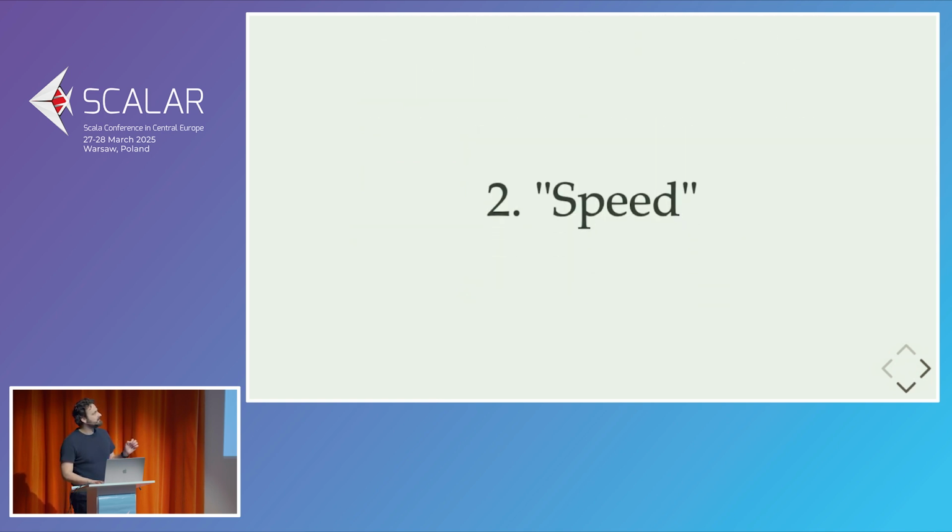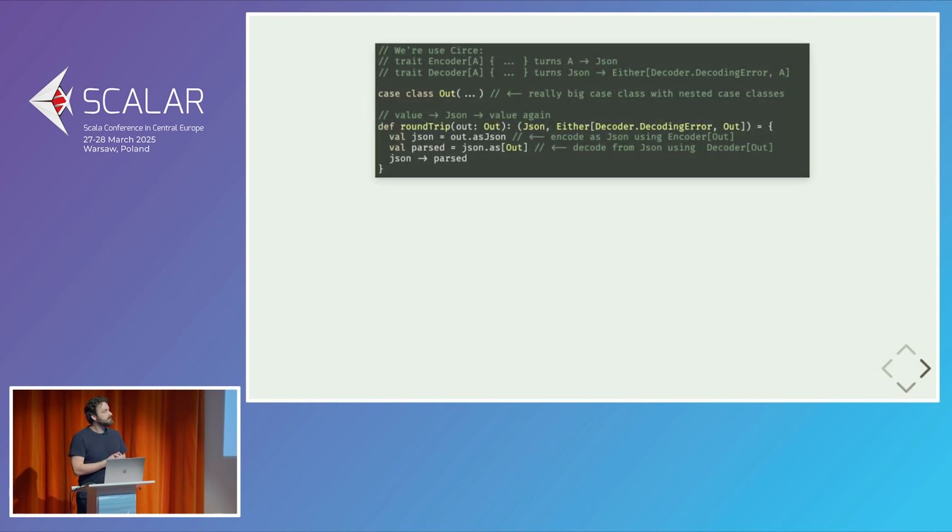But the other reason people are using it is speed. So let's take a look at this example right here. This example simulates something like a round trip with JSON. We are taking some value, encoding it as JSON, then decoding it as JSON, and then returning it.